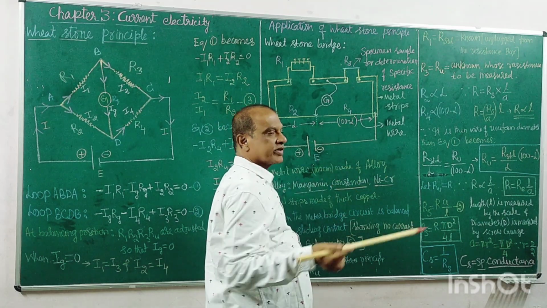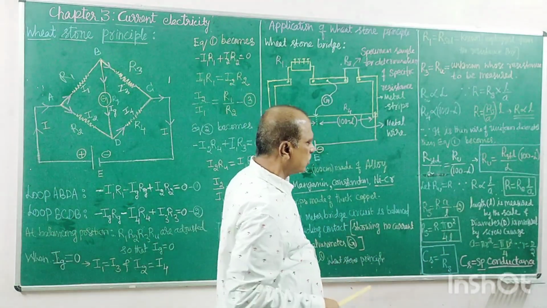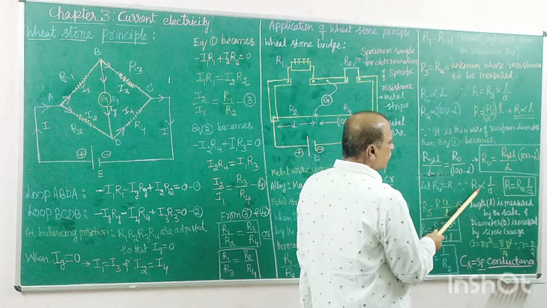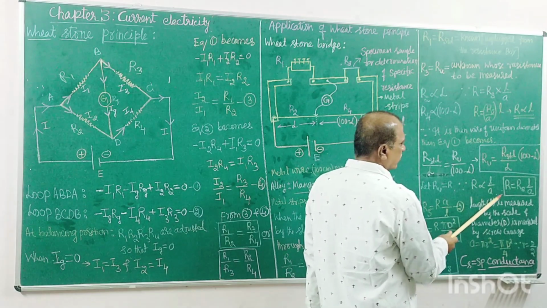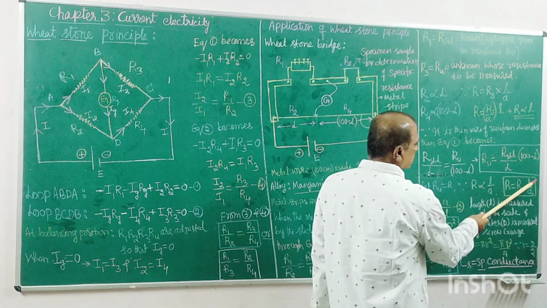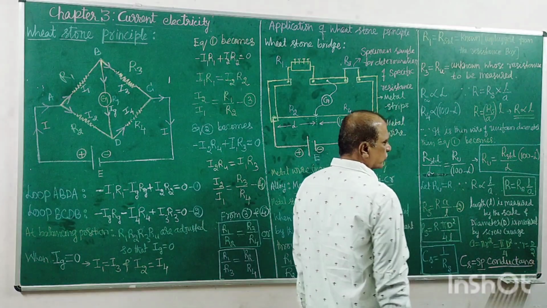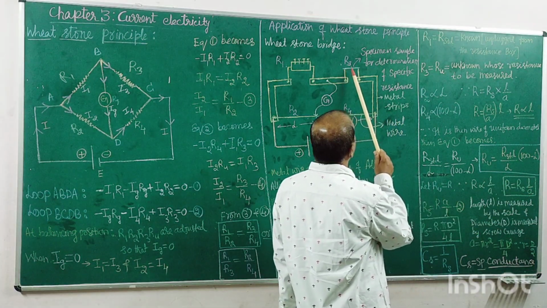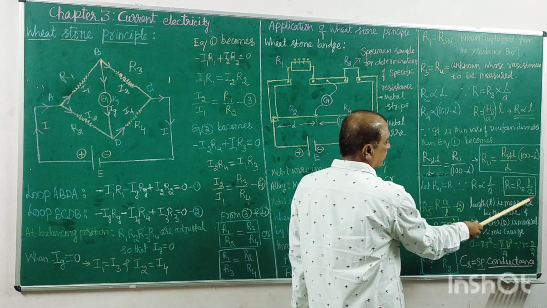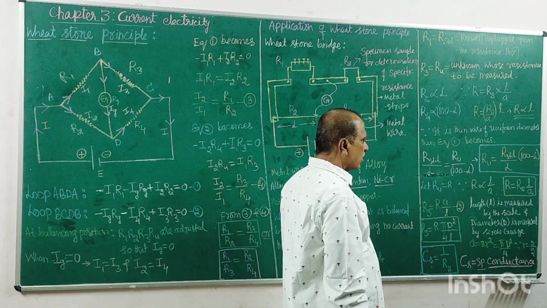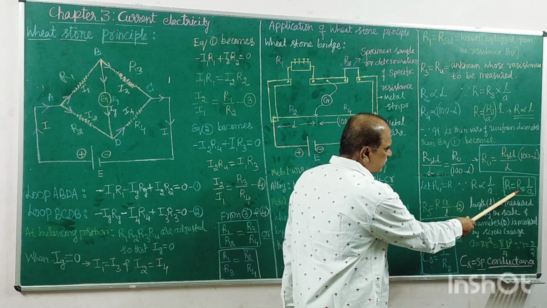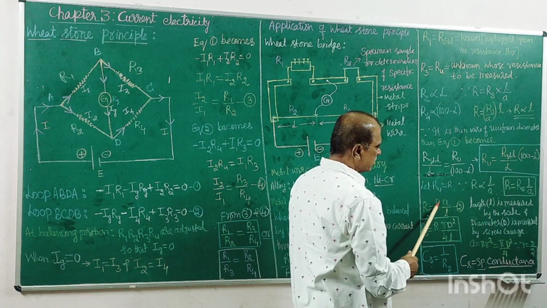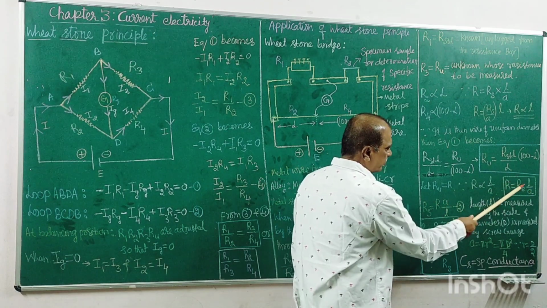Recall the same formula for any conductor: R is proportional to L by A. Therefore, R is equal to Rs into L by A, specific resistance into L by A. Then Rs is equal to R A by L, cross multiplying.